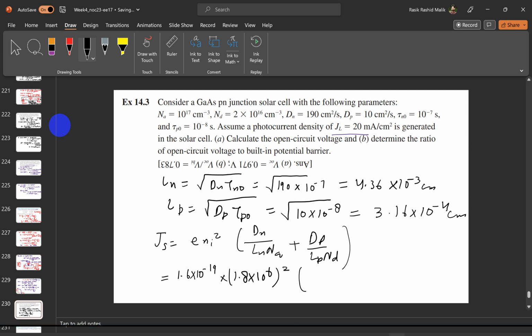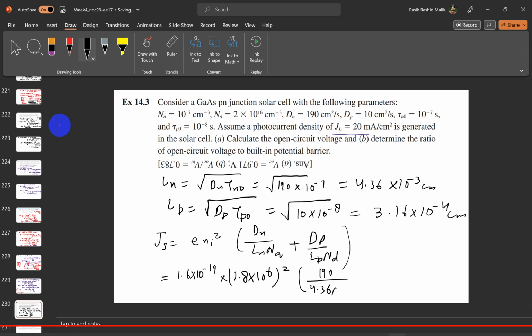Then we have Dn as 190 divided by Ln, we calculated 4.36 into 10 power minus 3, into the doping 10 to the power 17.